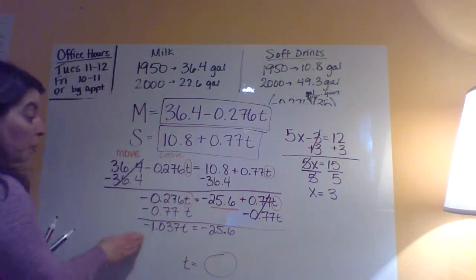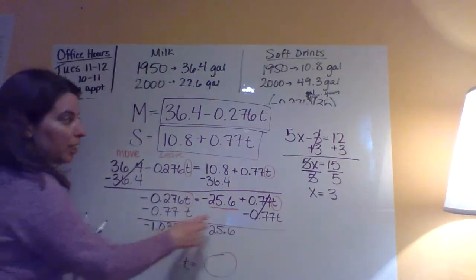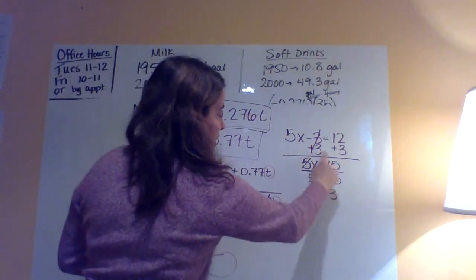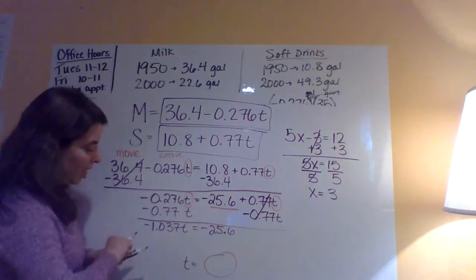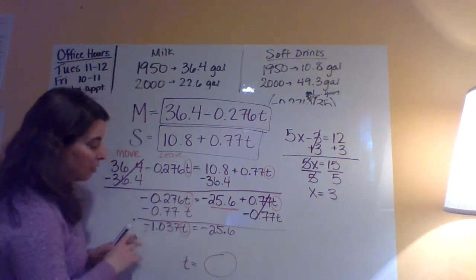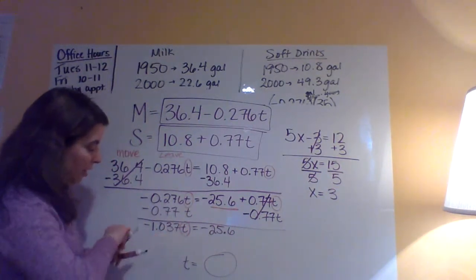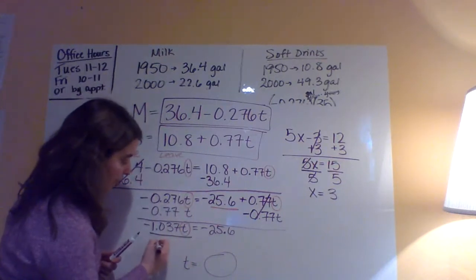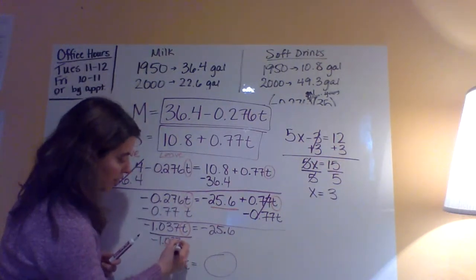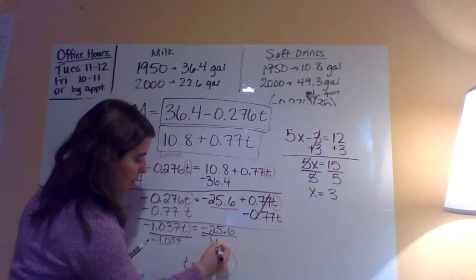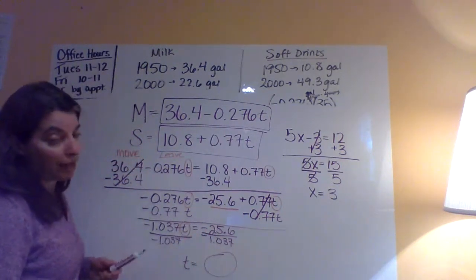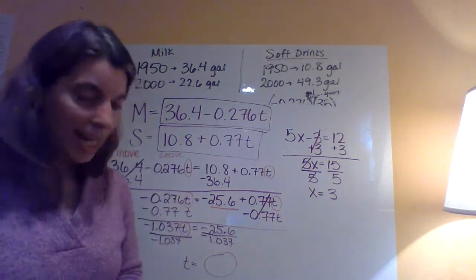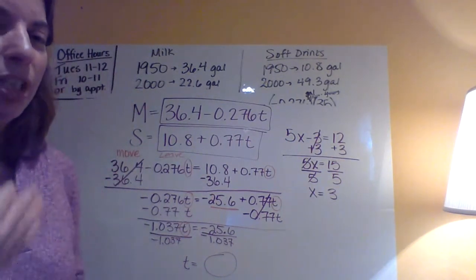Now, what I have here is really exactly the same as what I have here. It's the same process. The numbers just aren't as nice. So I want to get t all by itself. It's being multiplied by something, so I have to divide. A negative divided by a negative is going to give me a positive, which is good because I don't want to have a negative number of years from 1950.